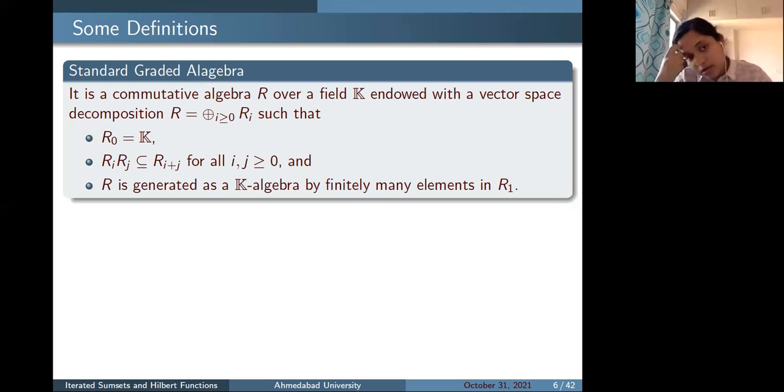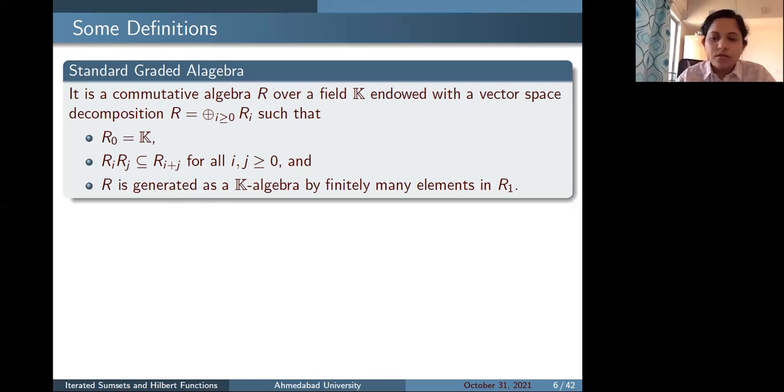First, R_0 should be the field K. Second, R_i times R_j should be a subset of R_(i plus j). Third, R is generated as a K-algebra by finitely many elements of R_1.